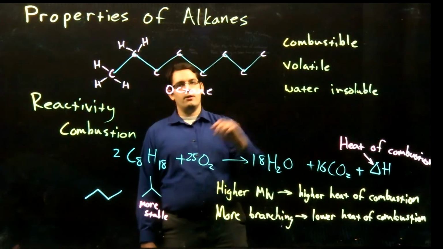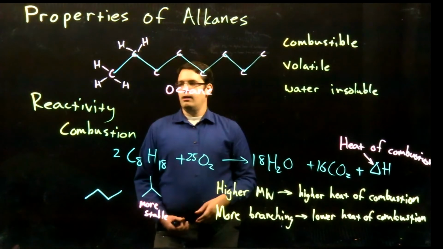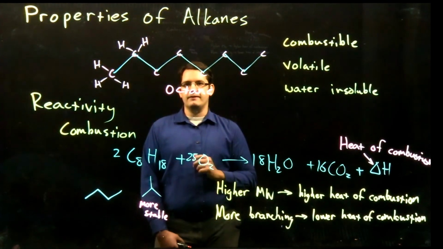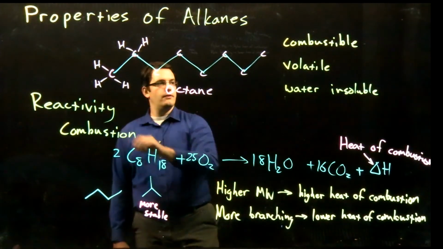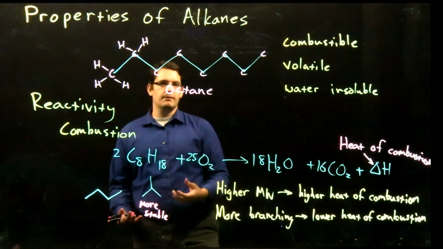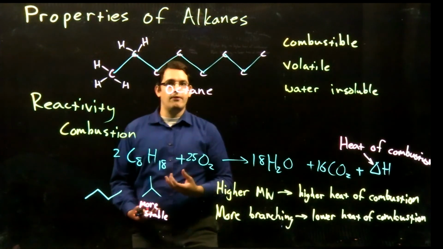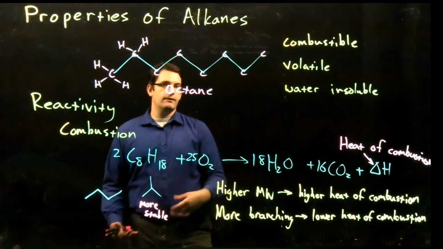We'll follow a similar approach as we look at other kinds of organic molecules, and we'll be able to predict their reactivity and predict their key properties based off of what their structure looks like. And again, those properties and that reactivity are key for determining how we can use a molecule. Right? We need to know if it's going to be reactive and be a poison for us, or if it's going to be reactive and going to be able to be used as a fuel for us.